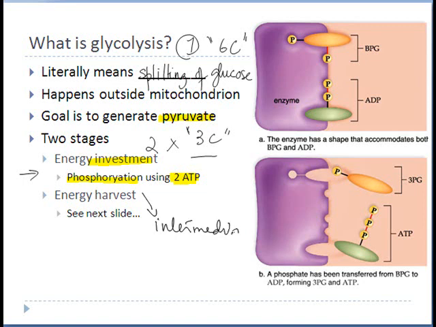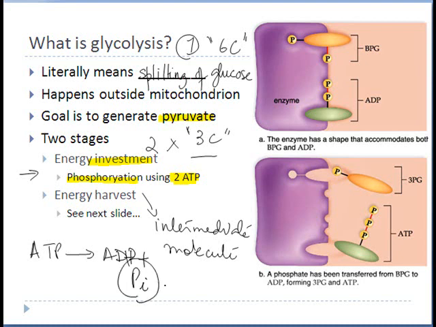The intermediate molecule gets phosphorylated, which means that when ATP breaks down to ADP plus the inorganic phosphate, this phosphate molecule phosphorylates another intermediate of the step.